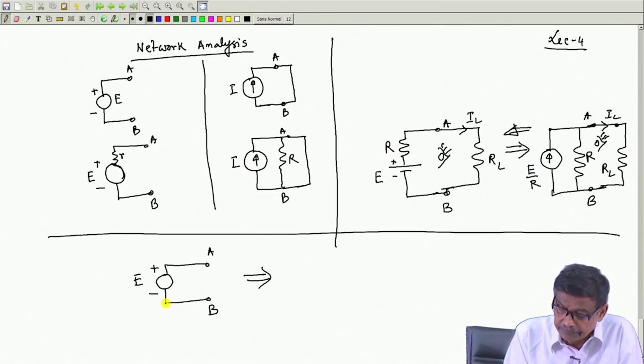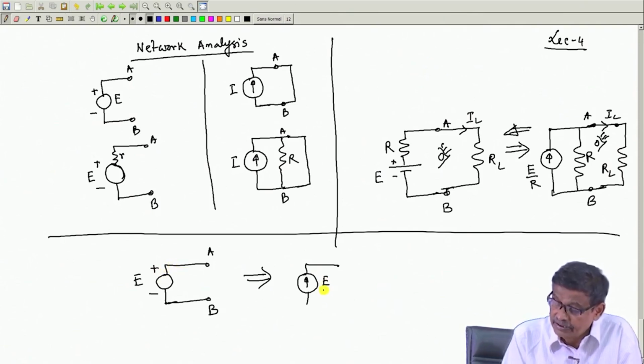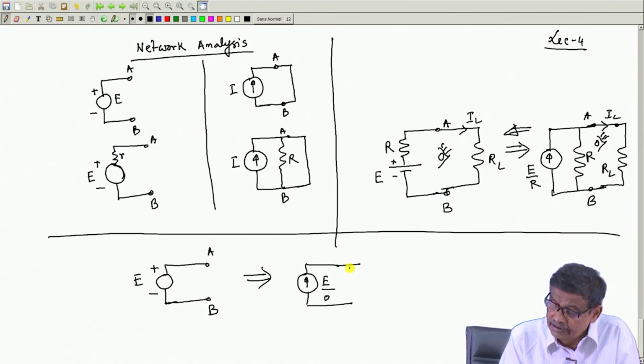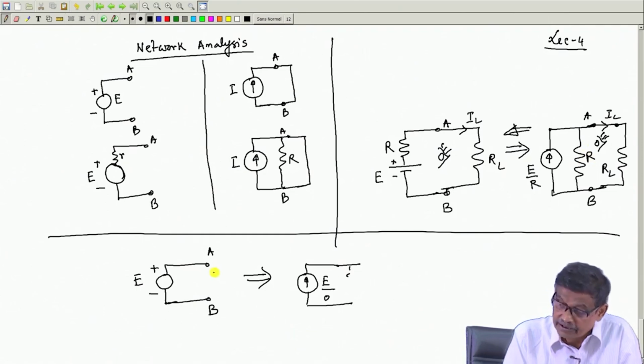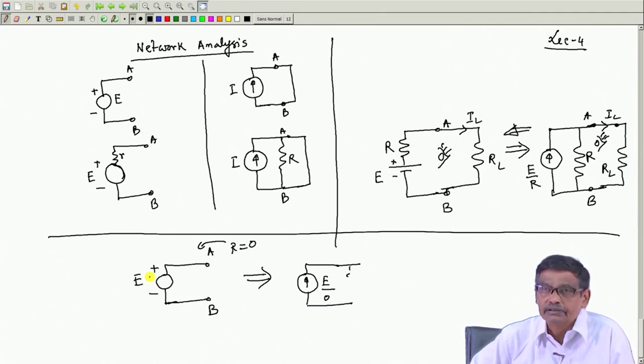Because the internal resistance of the battery is 0, and if you want to do that following this rule, the magnitude of the current would be E by 0, and in parallel it would be shorted, because if R is 0 here, the internal resistance of the battery is 0, then there are awkward situations. It looks like you cannot do it.